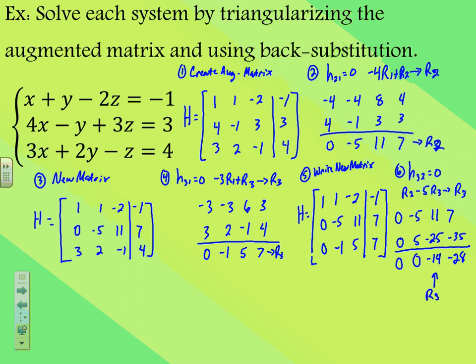So let me go to a clean screen here. And so my final matrix here, my final matrix, row 1 never changed, so that's still 1, 1, -2, and -1.